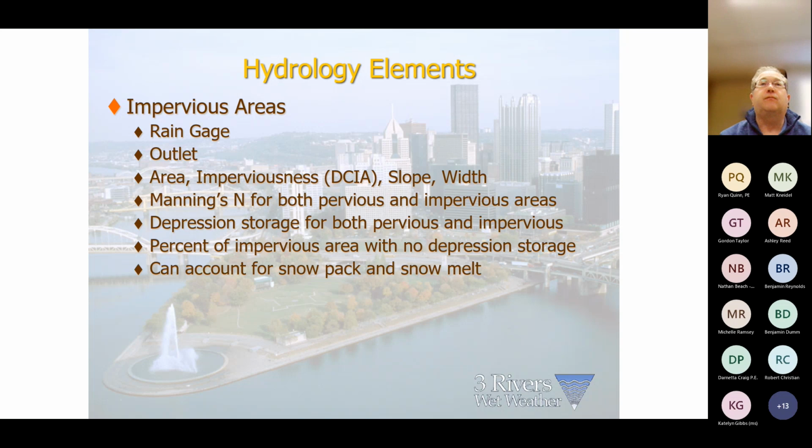If you're seeing that the response is happening too quick, you might want to increase your depression storage. If it's happening too early, it may be something where you want to decrease that initial abstraction.